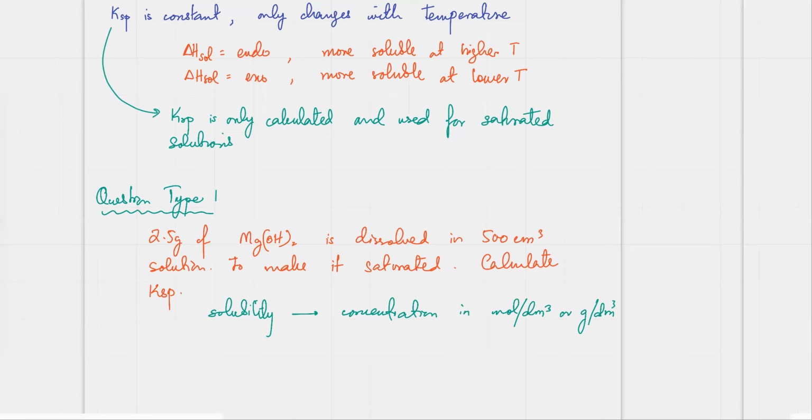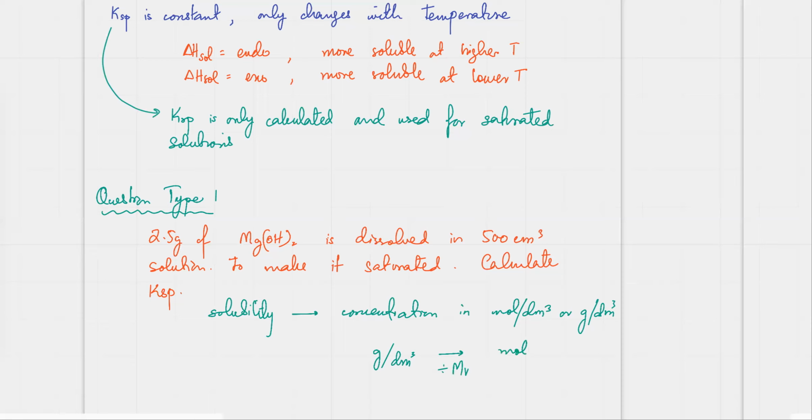If they give you something in grams per dm cube, you can always convert by dividing by Mr. Remember, mass divided by Mr gives you moles, so the grams would become mole per dm cube. Is this part clear?